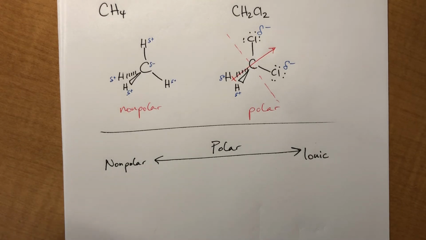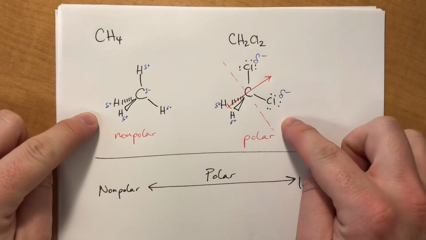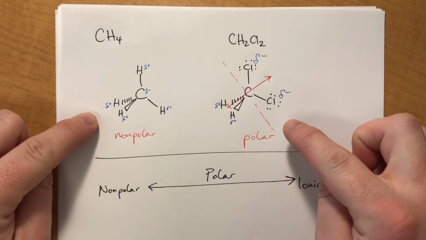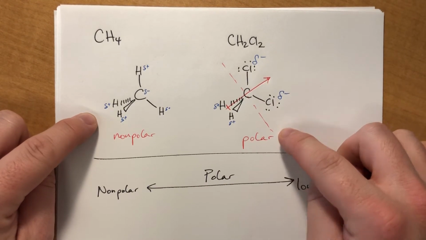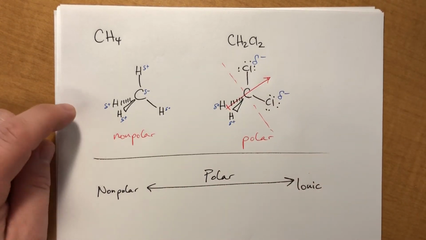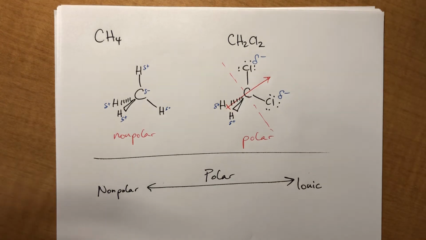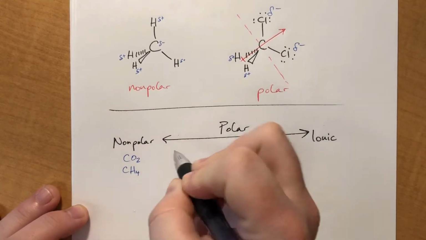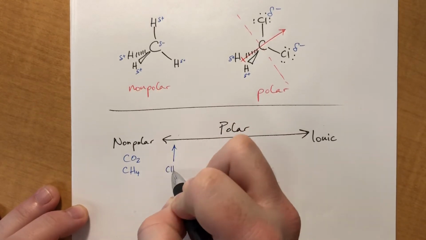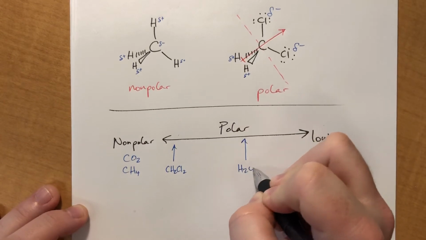The idea is, what I will usually do on a quiz or exam is I'll give you two molecules and say which one is more polar. Honestly, CH2Cl2 is a very, very non-polar molecule. It's technically polar, but if you had to plot it on this graph, it'd be about here. So, of the molecules we've done, CO2 would probably be over here, CH4 would probably be over here, CH2Cl2 would be about here, and water would be way over here.